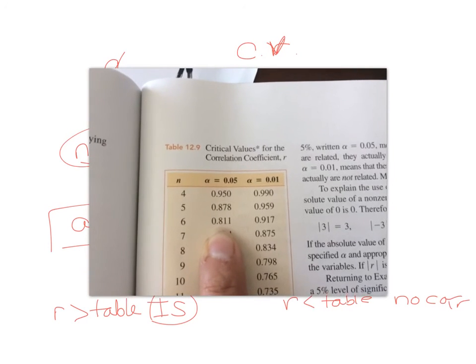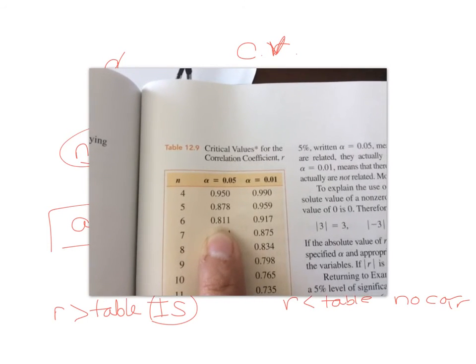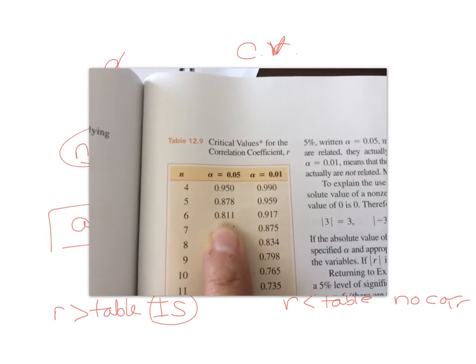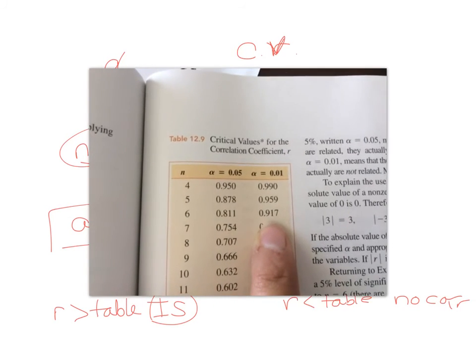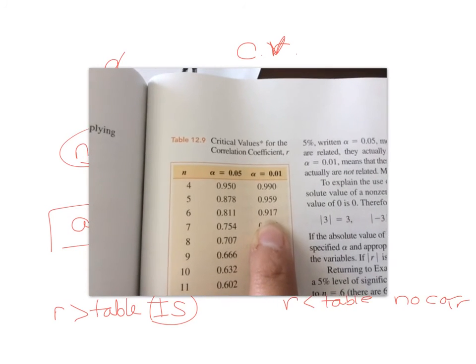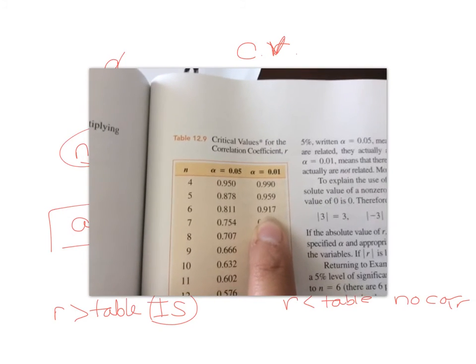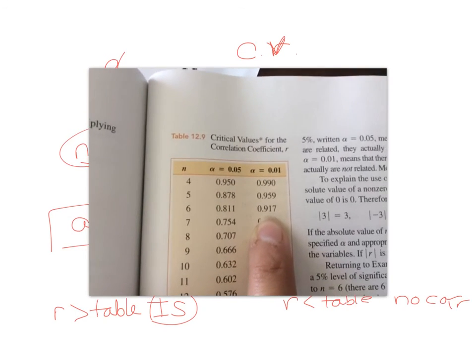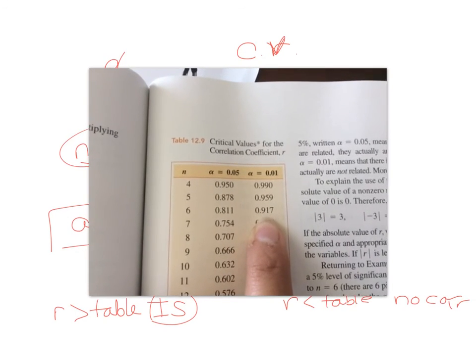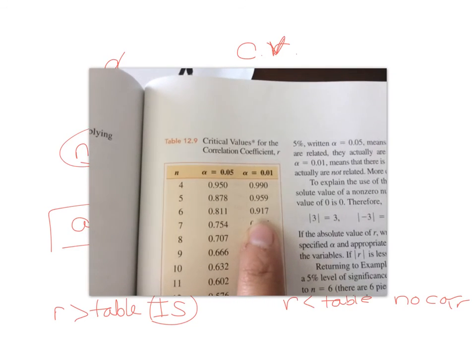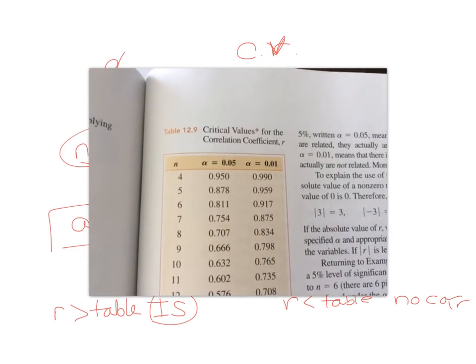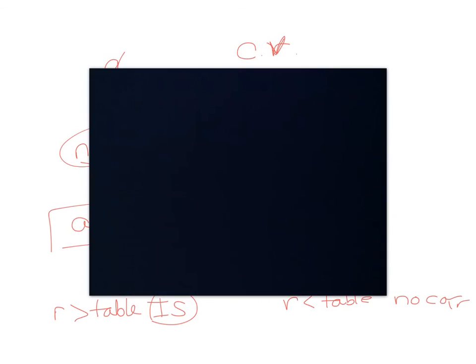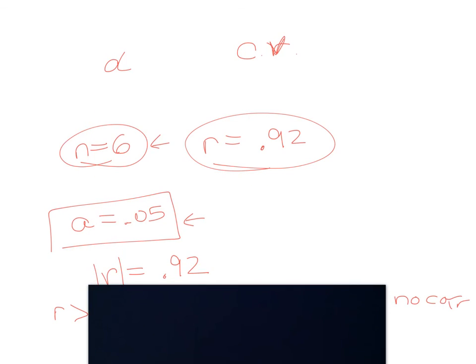Our R value was 0.92, so we are good to go. We would have to be very careful if we went to the alpha equals 0.01 because we're getting really close and it would not be linear compared to this value right here. So there are some homework questions about that. Just make sure you use the table and you're always wanting your R value to be larger than the number in the table.